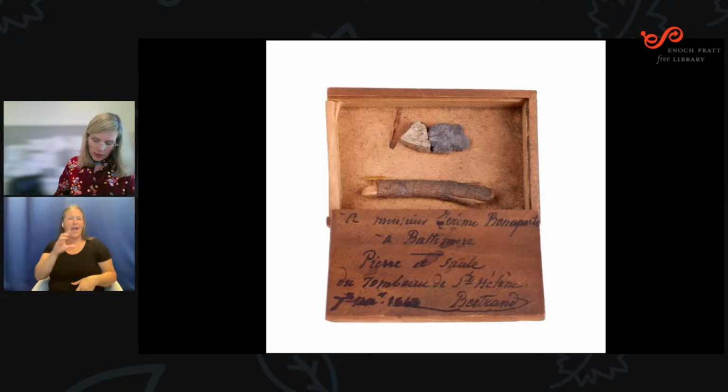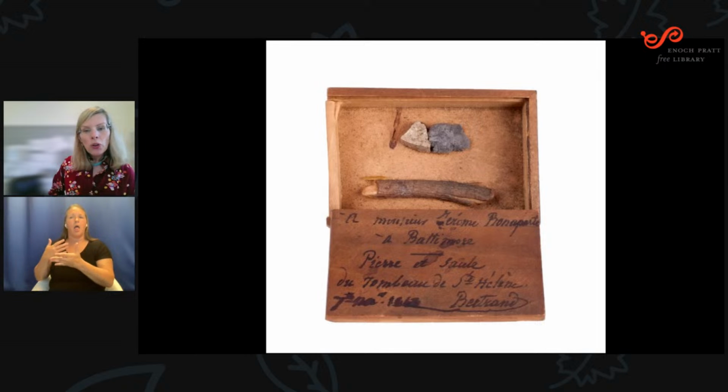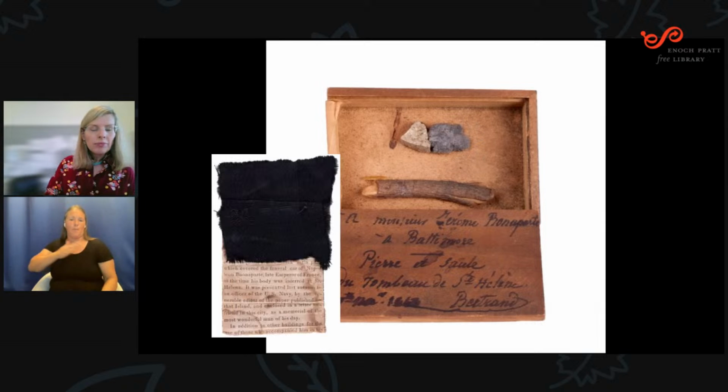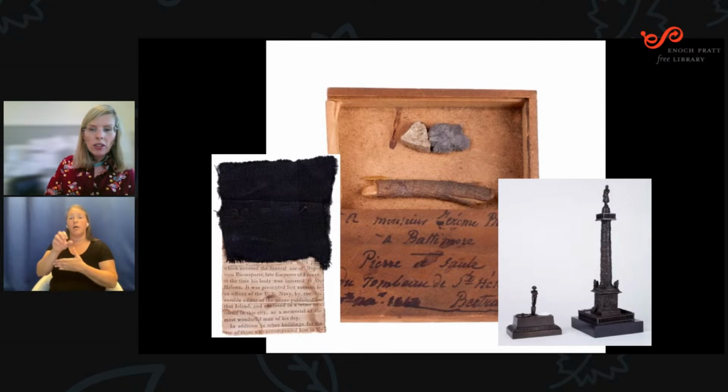And yet, this obsession with collecting the remnants of an imperial past, here a stone that is taken from the tomb at St. Helena, said to be from Napoleon's tomb, and a stick from the site, which is preserved now at the Maryland Center for History and Culture. Allegedly a piece of a shroud from the coffin of the emperor.